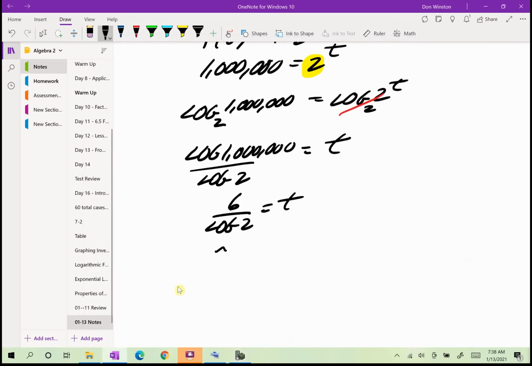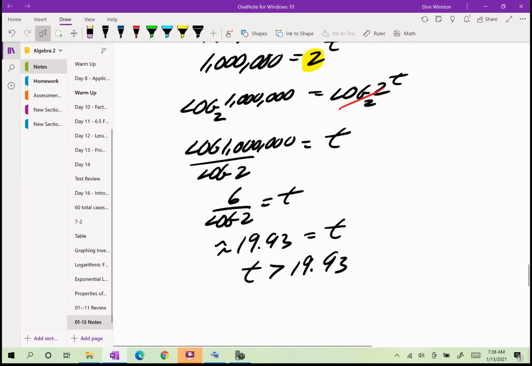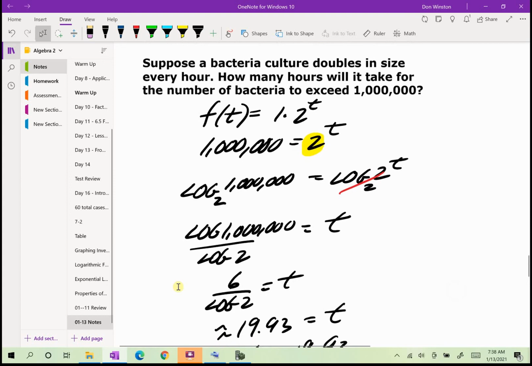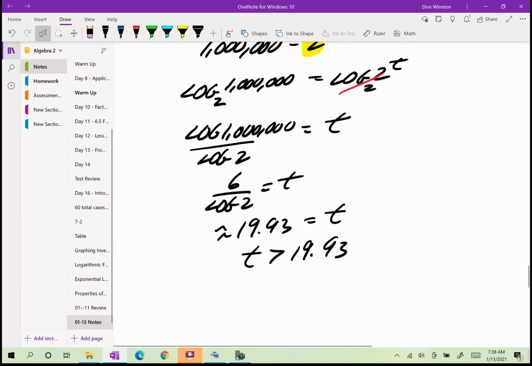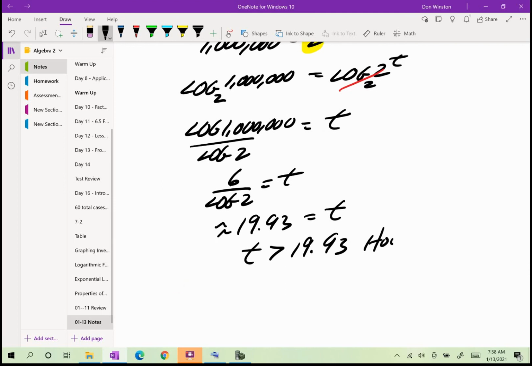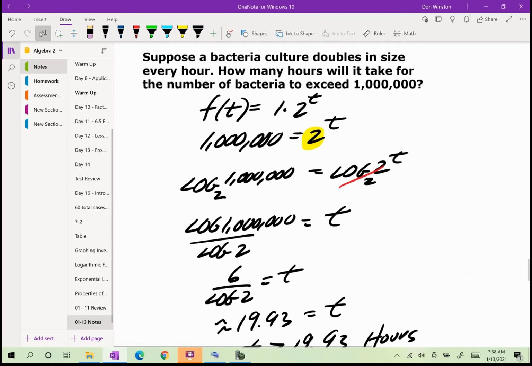Okay, so approximately 19.93 equals t. How many hours will it take? So as long as t is greater than 19.93 hours, then the number of bacteria will exceed 1,000,000.